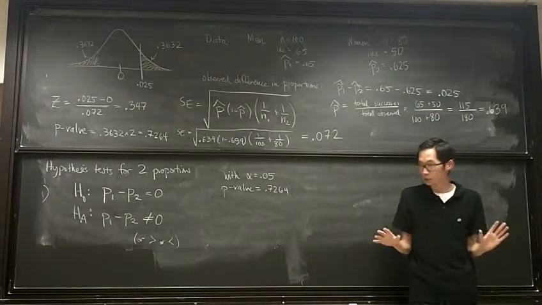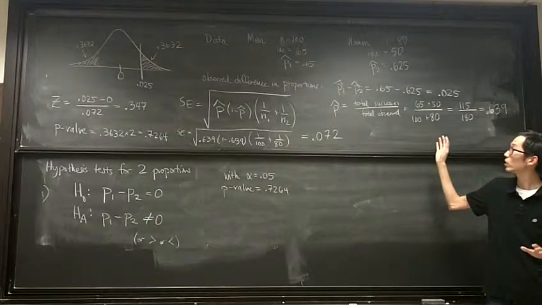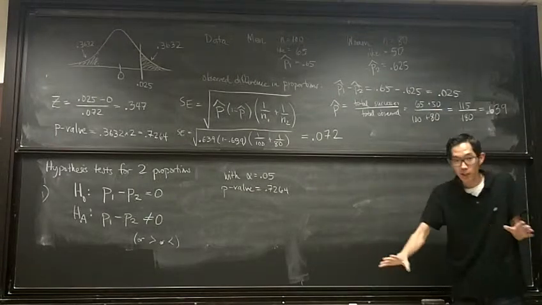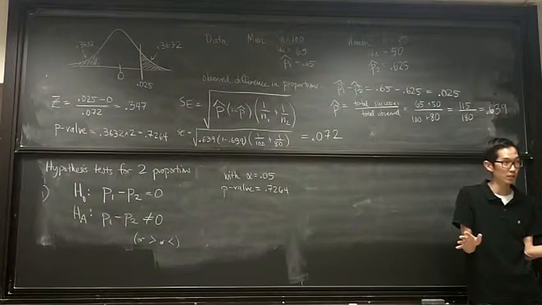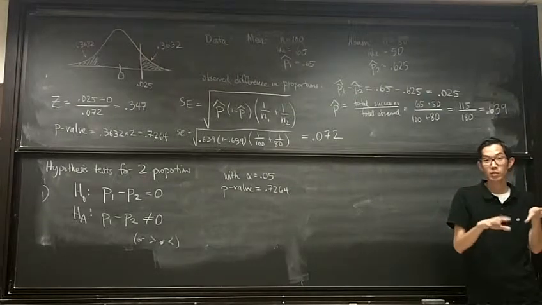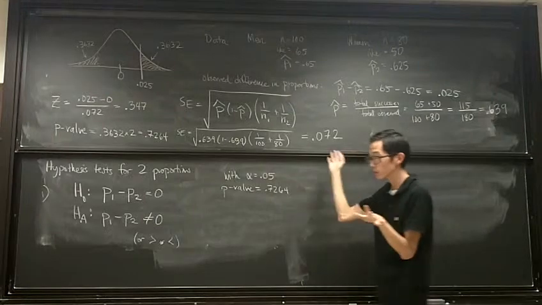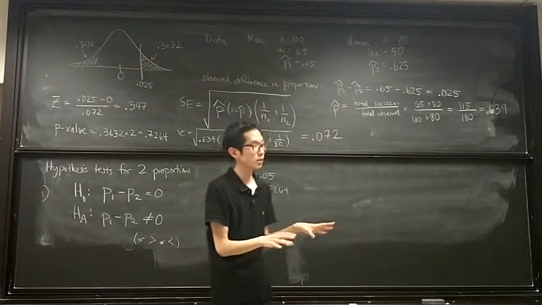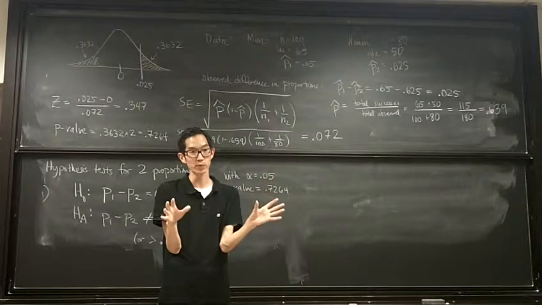If men and women like the show equally, what's the probability that I take a sample where 65% of one group likes it and 62.5% of the other group likes it? So I'm not getting perfectly even proportions in the two samples. Well, when we do the statistics in the math, it says that you observed a difference of 2.5% between the proportions.